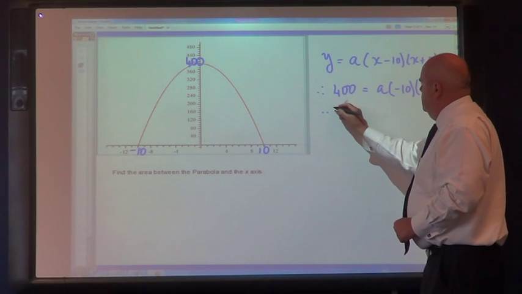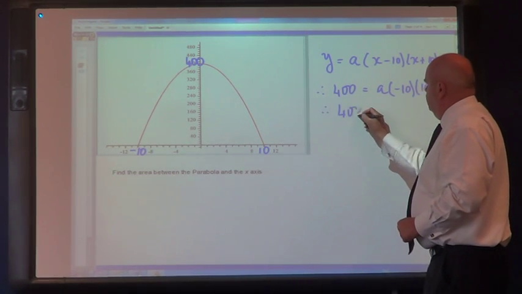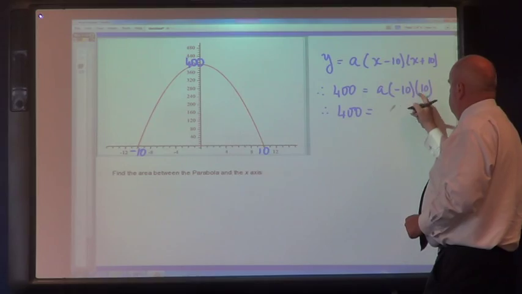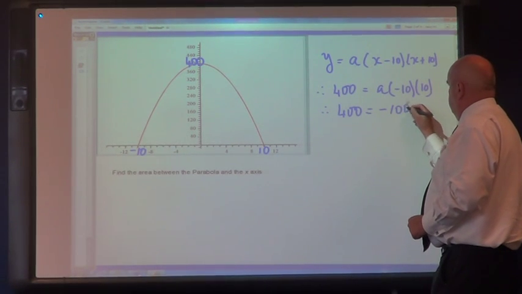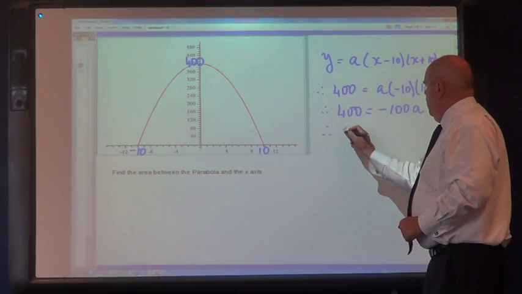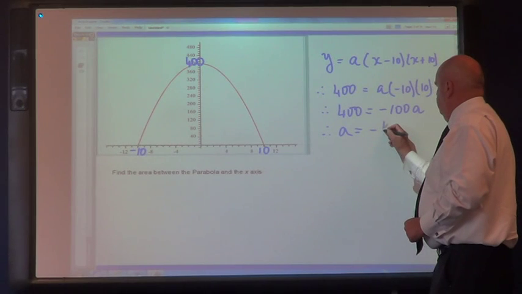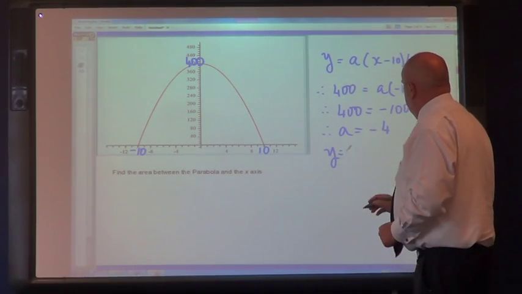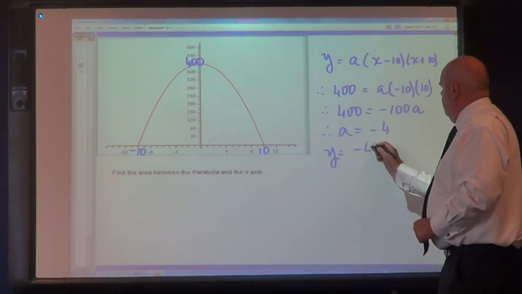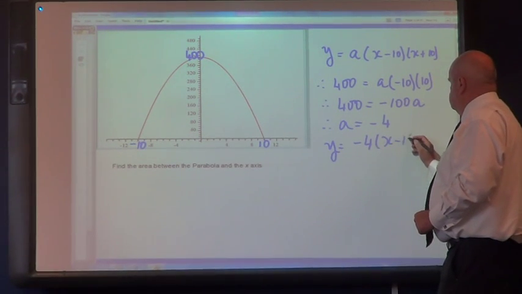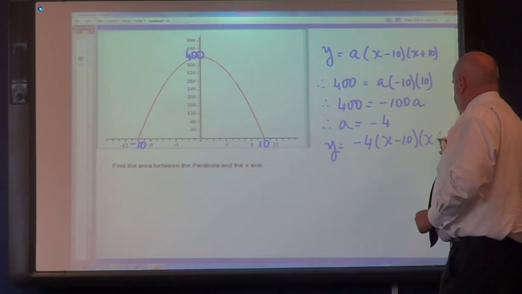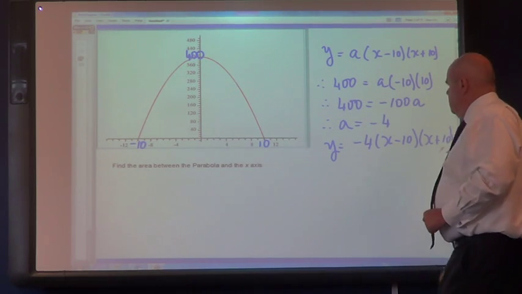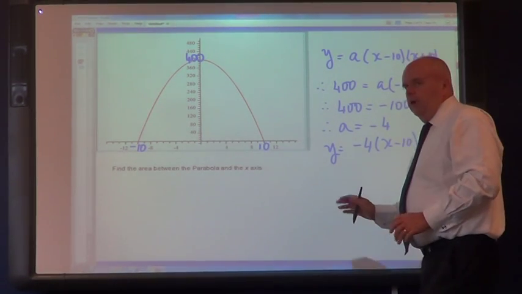In other words, 400 is going to equal a times, now, negative 100. Let's take that out front. Therefore, a will equal negative 4. So that means the equation of our parabola is y equals negative 4, x minus 10, x plus 10. Okay? So that's how we find the equation.